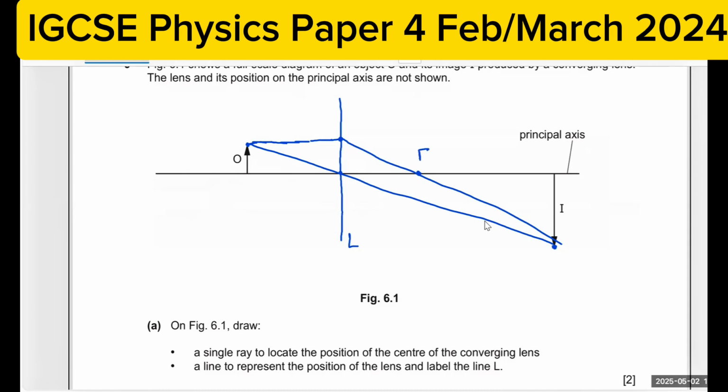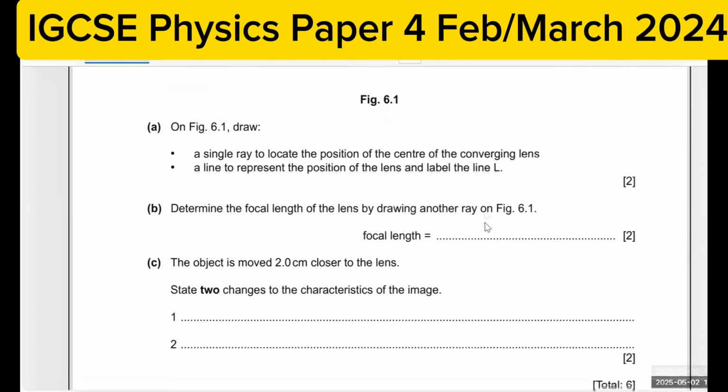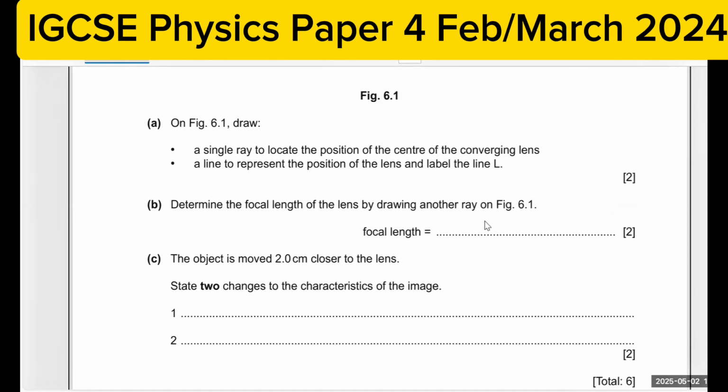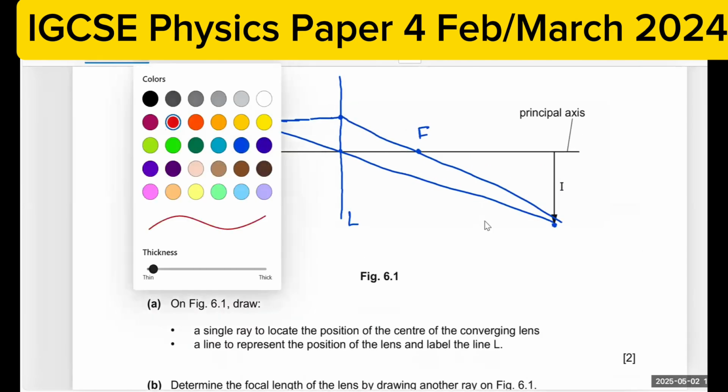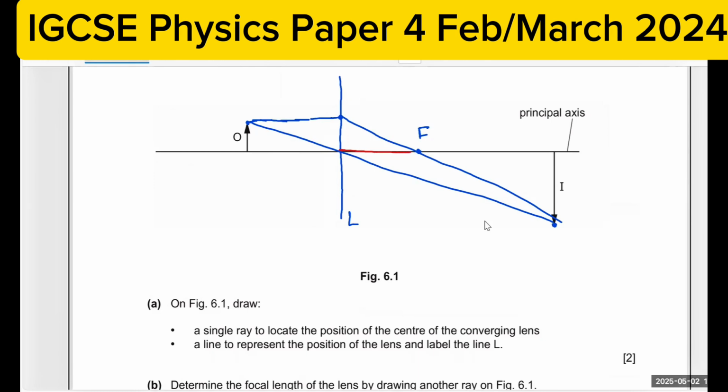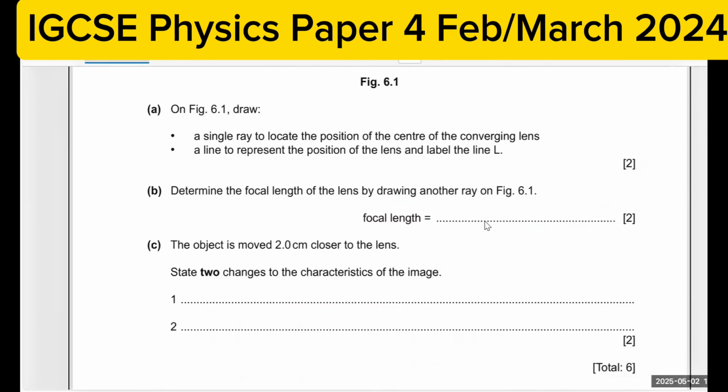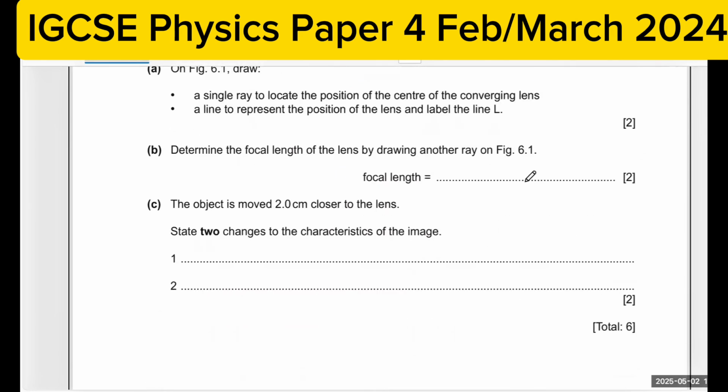So this is the principal focus. What we need to calculate is the focal length. So focal length is the distance between the center of the lens and the principal focus. So this red line represents the focal length. You will use a ruler to measure this length in centimeters.